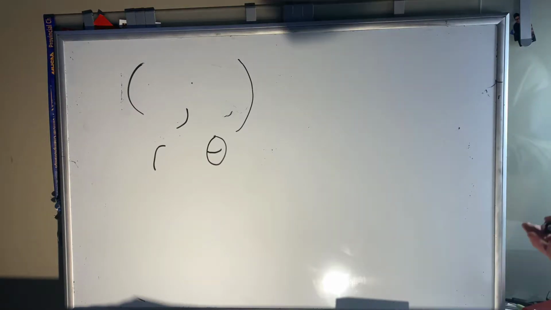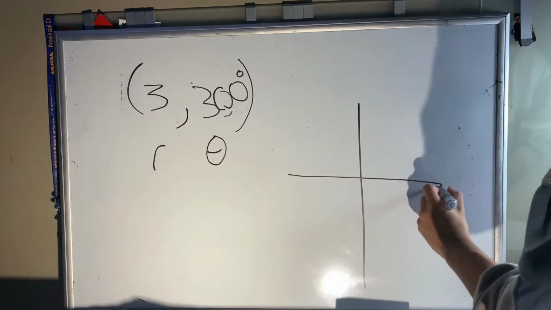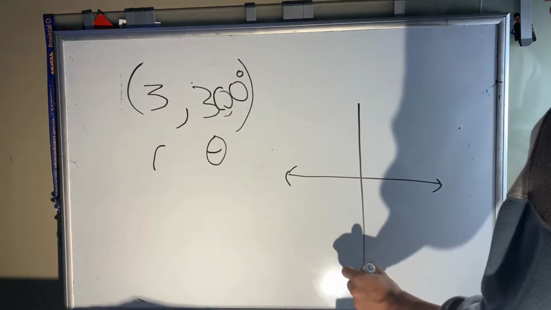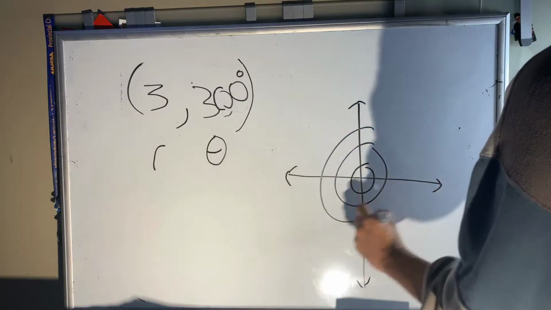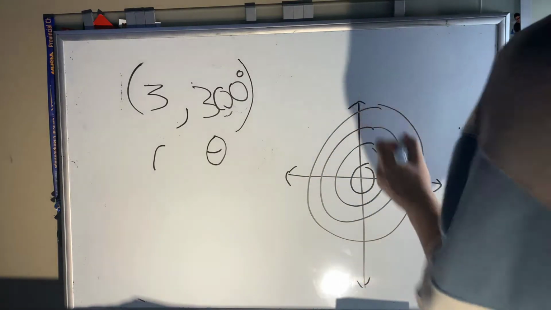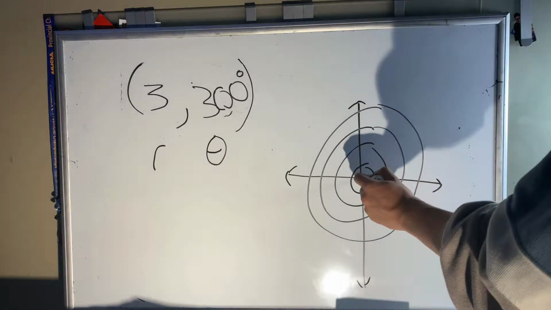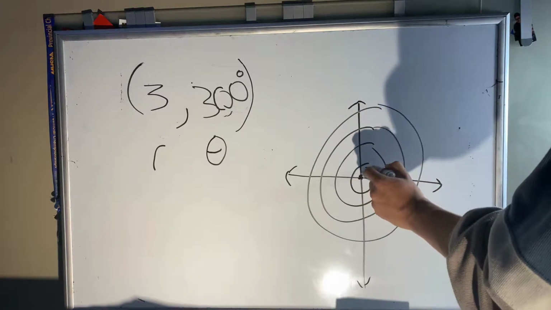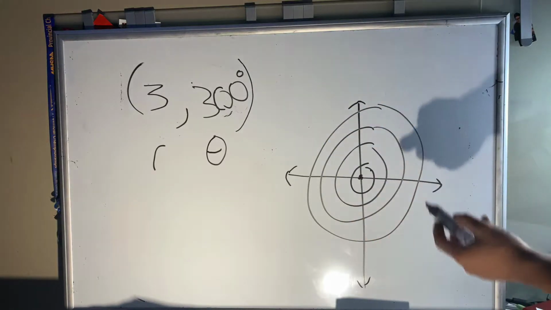Allow me to give you one more example. I want you to graph on the polar graph 3 and 300 degrees. Let's try it out. I'll draw a bunch of circles. Draw 4 circles. Okay, so the radius is 3. So from our pole here, 1, 2, 3, could be anywhere in this third circle.